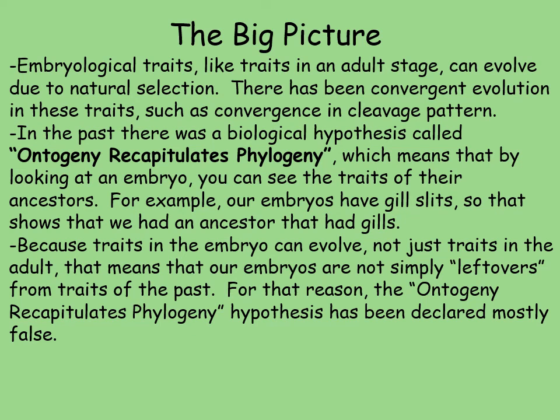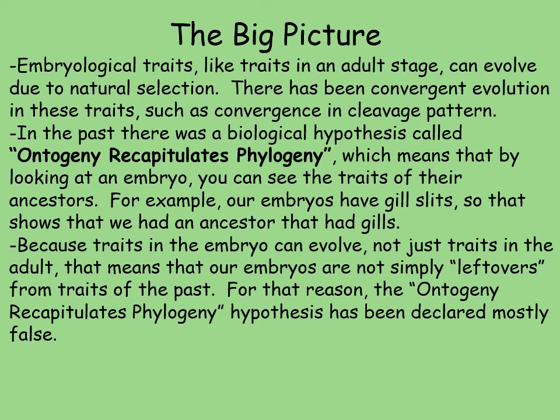But because traits in the embryo are not frozen in time, they can evolve, not just traits in the adult, that means that our embryos are not simply leftovers from traits of the past. Like the gill pouches that we have as an embryo are not functional gills. We never have functional gills as an embryo.